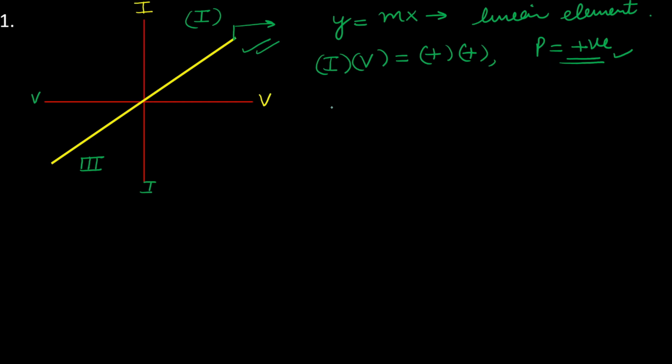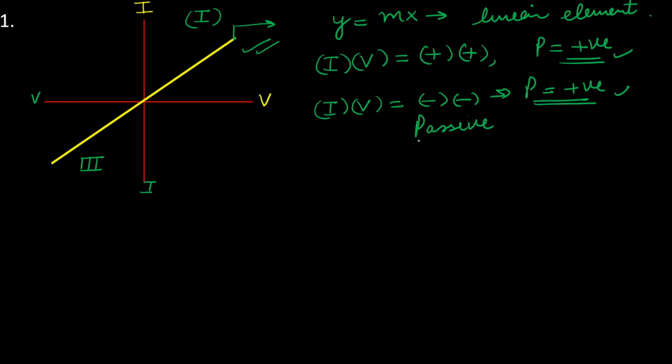It means that I into V gives us negative into negative, and power is coming out to be positive. It means that the circuit is also absorbing power in the third quadrant. It means that the circuit is a passive element, because it is not delivering any kind of power and we are not getting the value of the power to be negative.